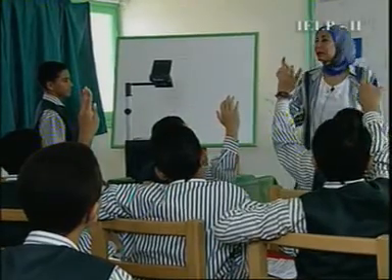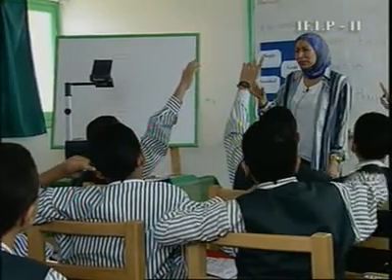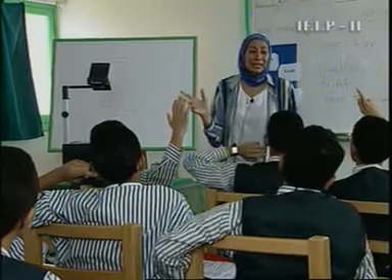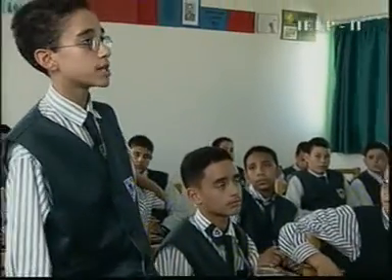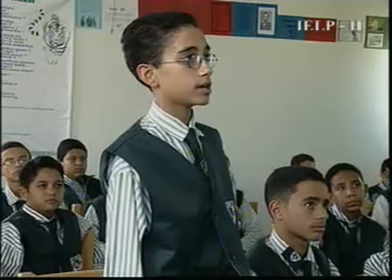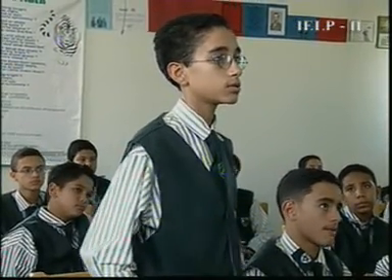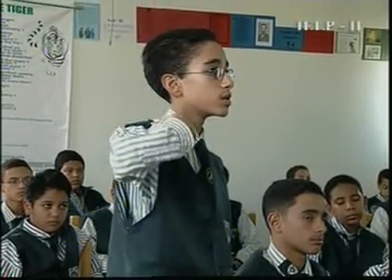Very good, because it's not mentioned. What happened to the night watchman? Was anybody hurt in the story? Did anybody tell us that he was hurt? Yes. When the night watchman saw the thieves, he went to catch them, but they hit him on his head, so he fainted.